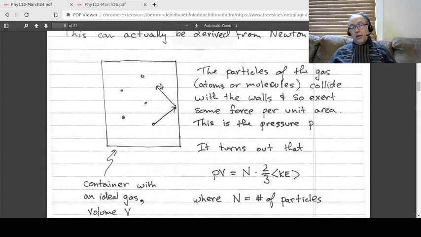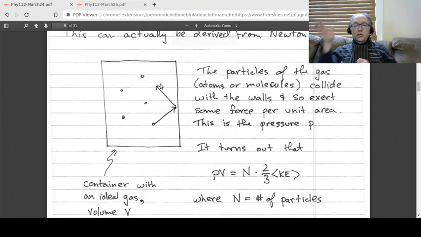Now, using conservation of momentum, which is Newton's second law, during that collision with the wall, there was a little bit of force between the particle and the wall. The particles are very, very small, but there's a lot of them. So you have this wall, and one particle comes up and goes boink, and exerts a little bit of force. Then another one, and another one.